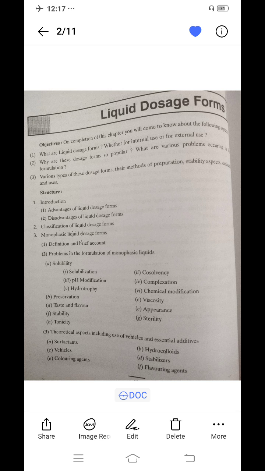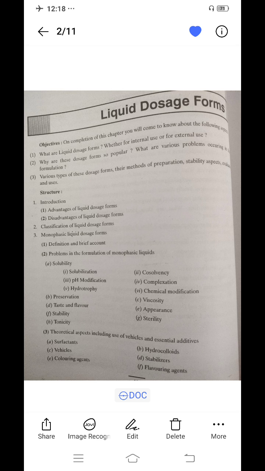Many viscosity controlling agents have been used for this purpose. First one is polyvinyl pyrrolidone, cellulosic derivatives, methyl cellulose, sodium carboxymethyl cellulose, etc. These agents must be tested for their incompatibilities with the drug and other additives in the formulation.